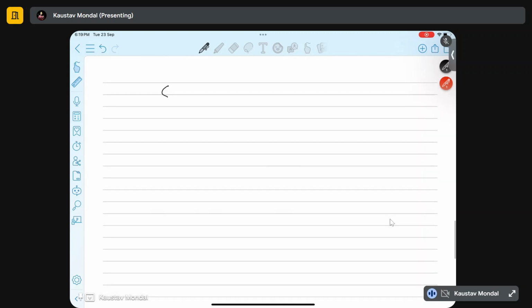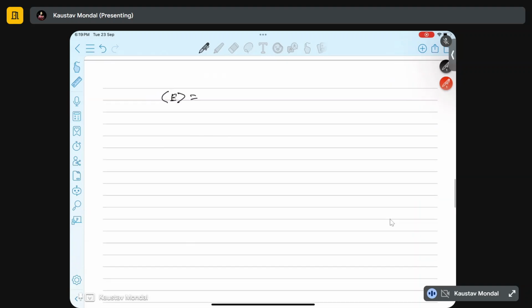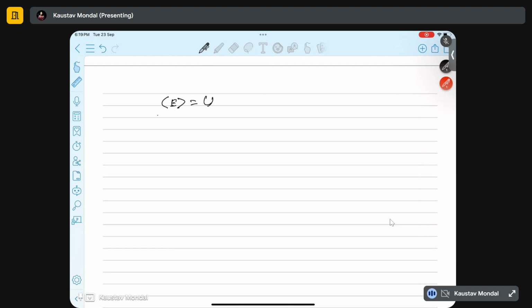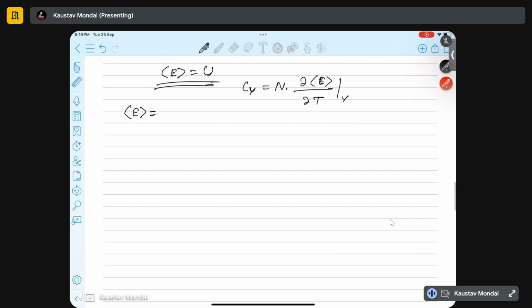So if you calculate the mean energy E, which is basically U, then from this you can easily calculate Cv, where N is the number of molecules, delta E by delta T at constant volume. Here delta E average means the mean energy, which is nothing but the internal energy, which is just the addition of translational, rotational, vibrational, and electronic contributions.